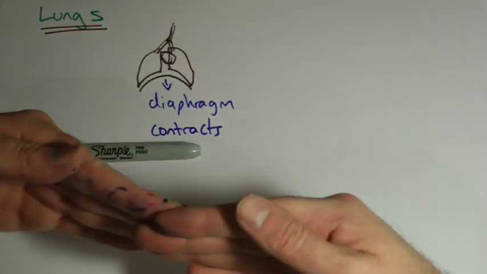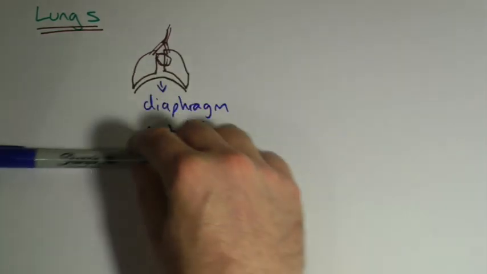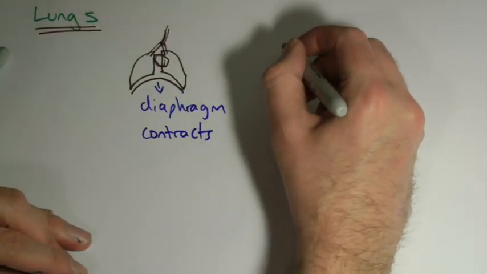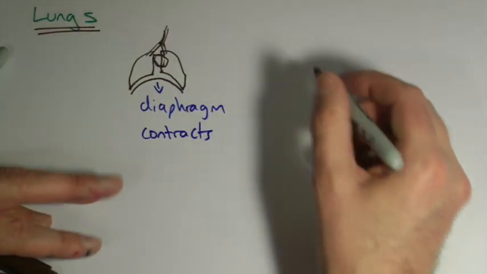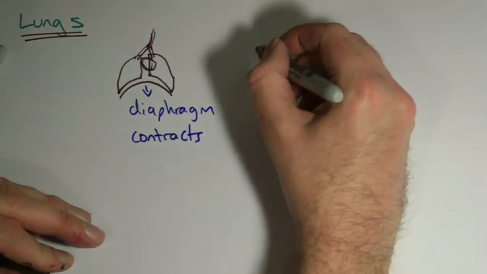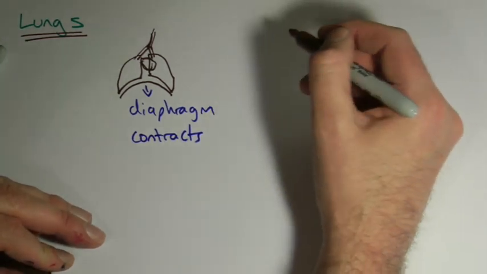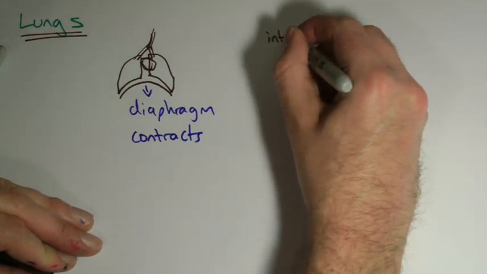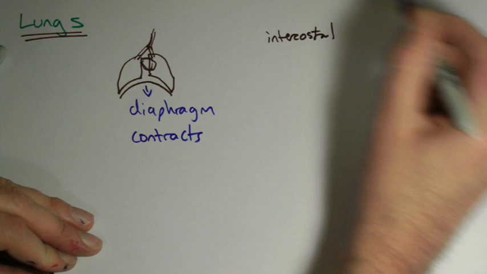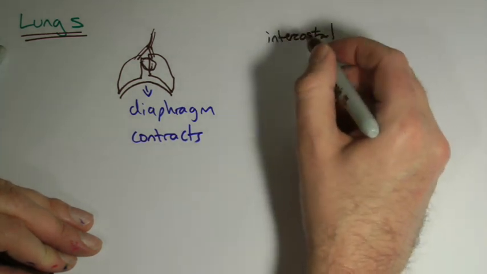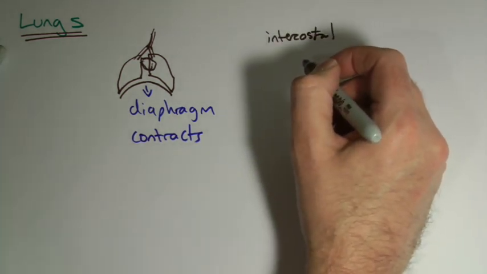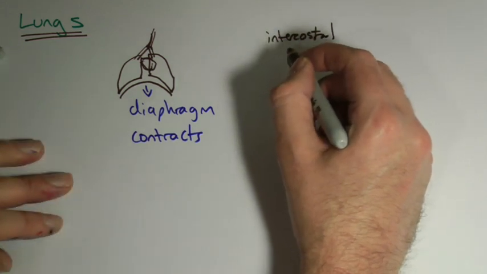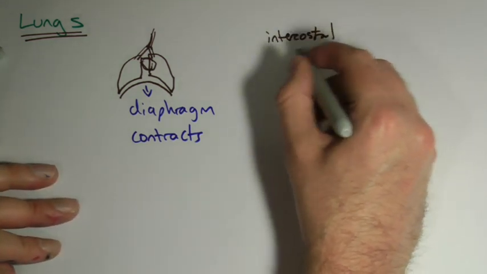So when it contracts and pulls, it goes flat. Now the other thing that will happen is your ribs will move upwards and outwards, and that's also done by muscles called intercostal muscles. In fact, you've got two sets of intercostals, one on the outside, one on the inside, and it's the outside ones that contract in this case.